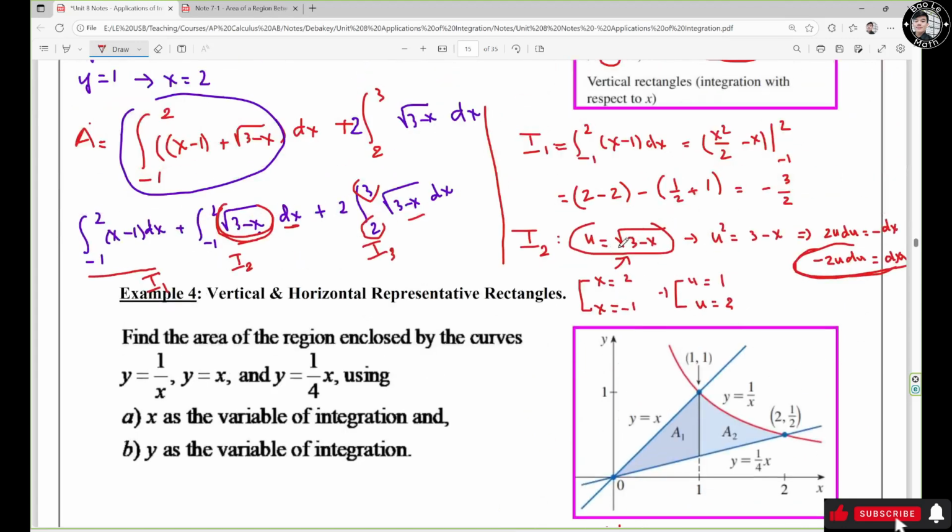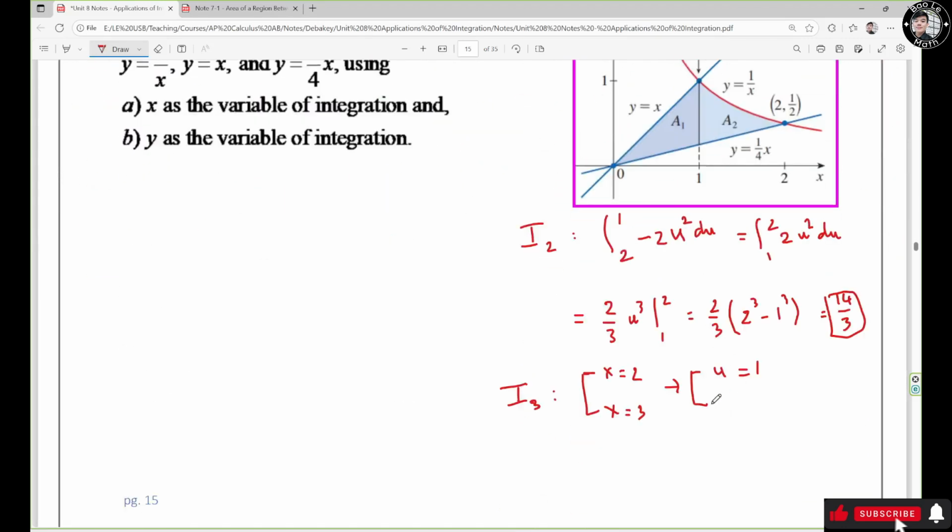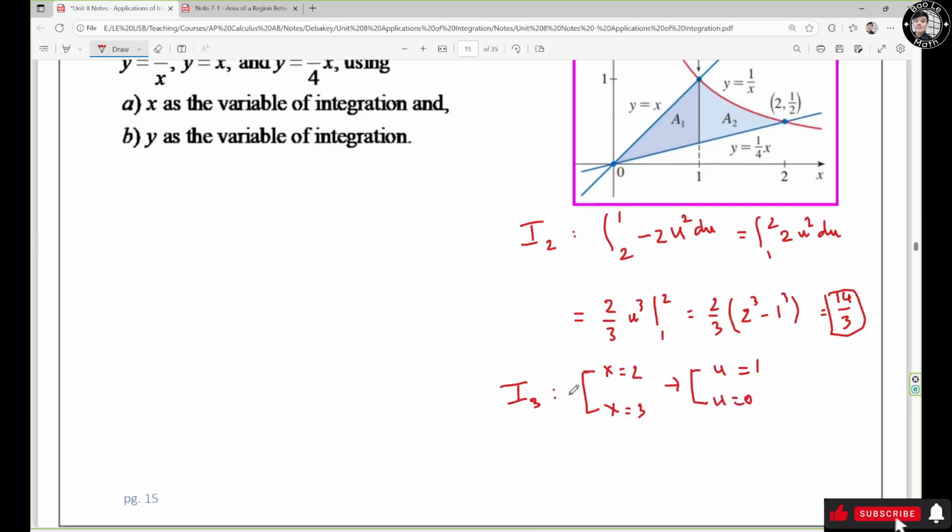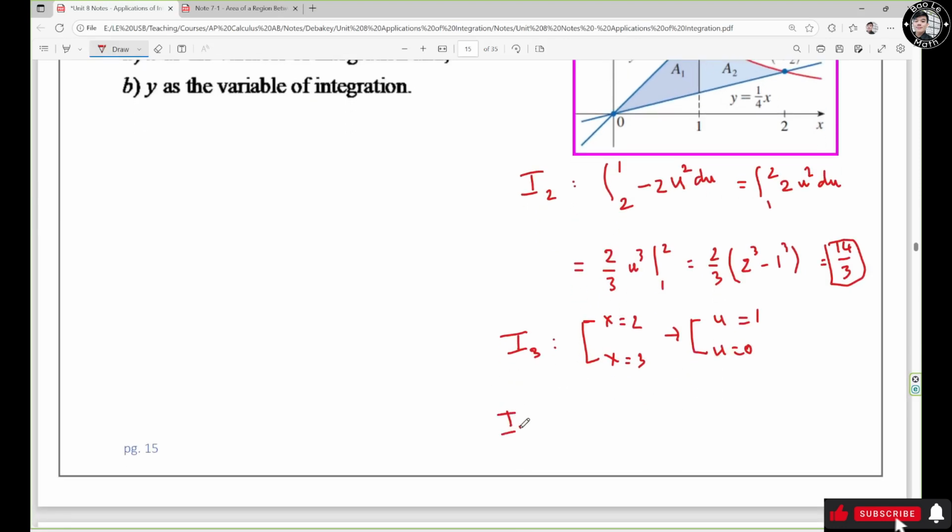Substitute 3 for s, u becomes 0. So I3 becomes the integral from 1 to 0 of negative 2u squared du. So you need to flip the upper bound and lower bound and change the sign. So it's going to be the integral from 0 to 1 of 2u squared du.